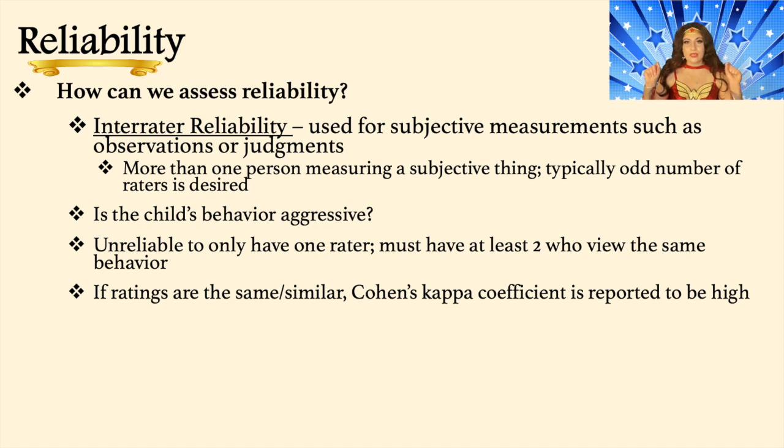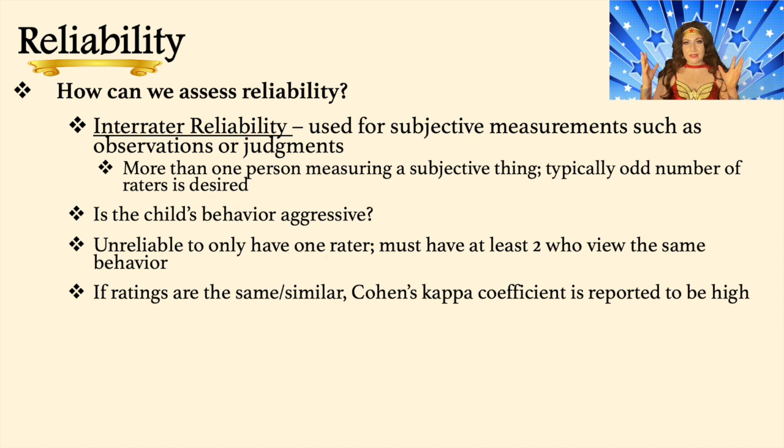So again, this really comes back down to how you operationally define what it is that you're looking for. If you create very specific criteria and limits, for example, aggressive behavior is defined as screaming at another child or teacher, pushing, any sort of physical behavior, using bad words, raising someone's voice, etc. And every time you observe that a child has conducted one of these behaviors, they get a point.